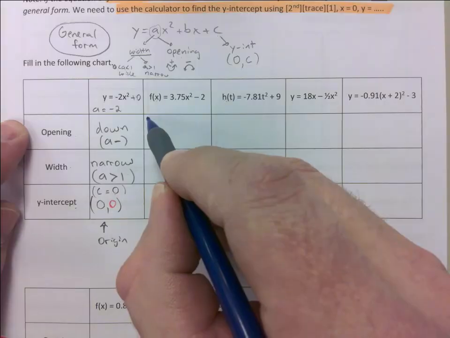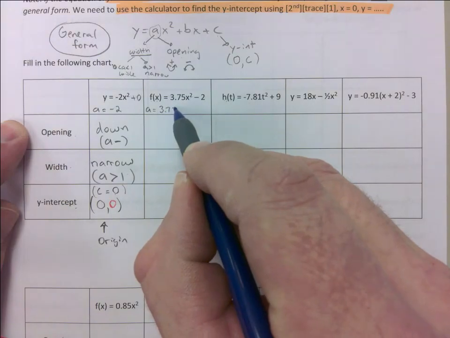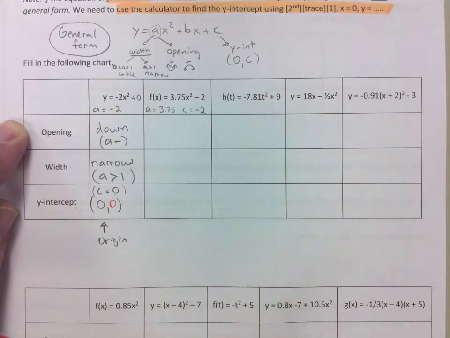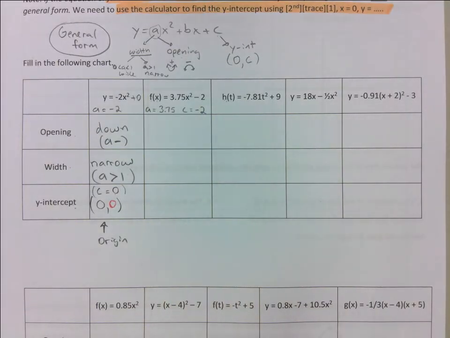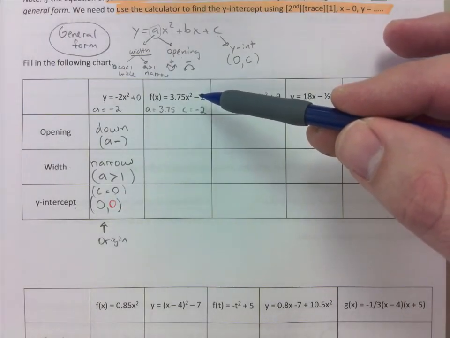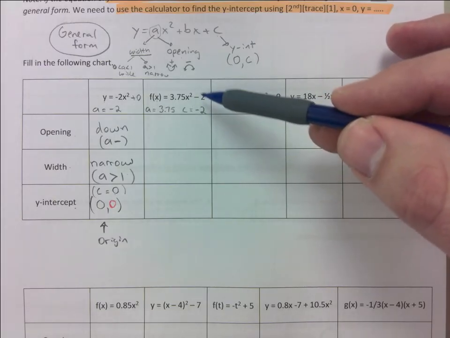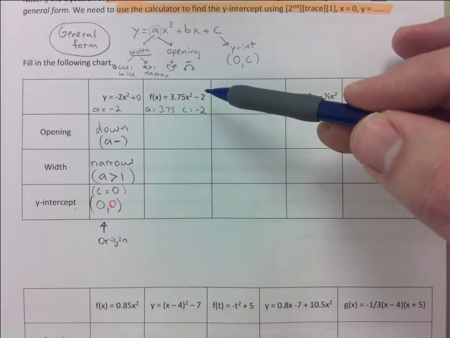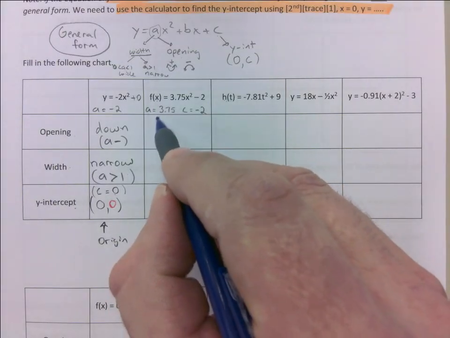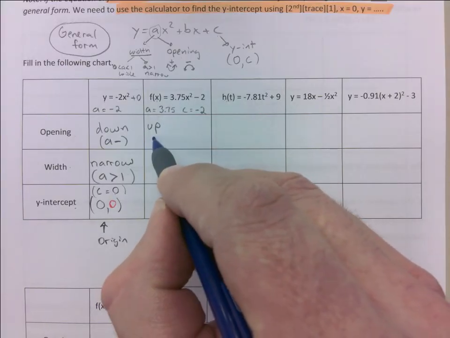I will make a note here that A is equal to 3.75 and C is equal to -2. What about B? What's B here in this case? 0. Thank you. I thought you'd never say anything. B is non-existent here. It's 0x. It's not there. This one is opening up because A is positive.